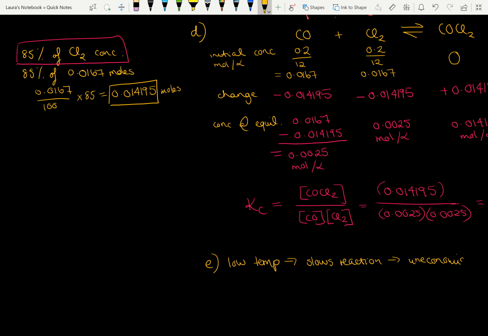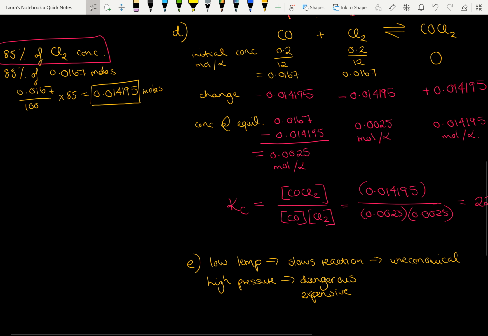Finally, with high pressure, this is both dangerous in terms of generating that high pressure, and it's expensive. So that's another reason why we would tend not to use too high a pressure in industry.